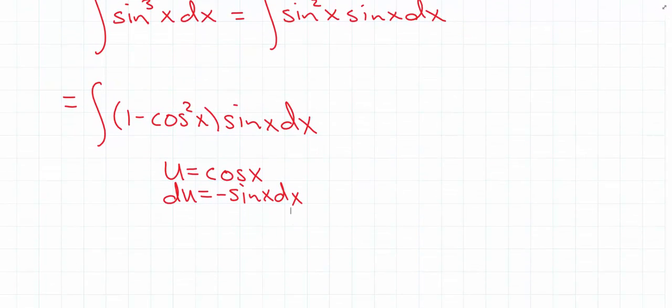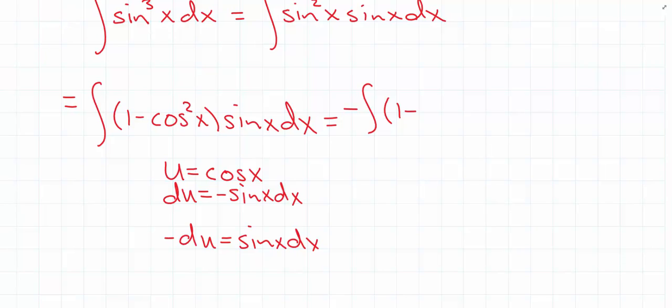Now, notice I didn't let u be the entire thing, 1 minus cosine squared. I didn't let u be cosine squared. I let u be cosine. And now I've got negative du is equal to sine x dx. Well, now we've got something that we can deal with. I'm going to replace the sine x dx with negative du.